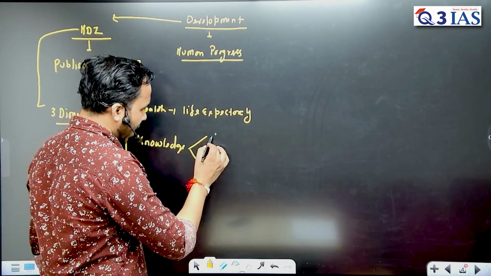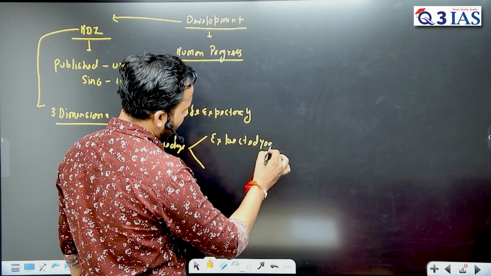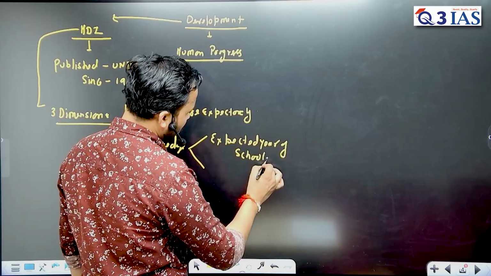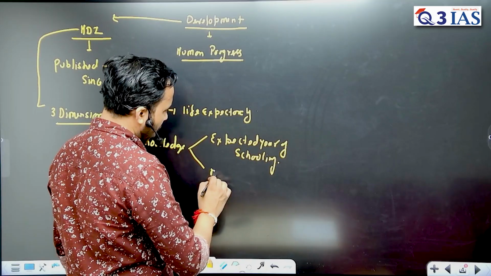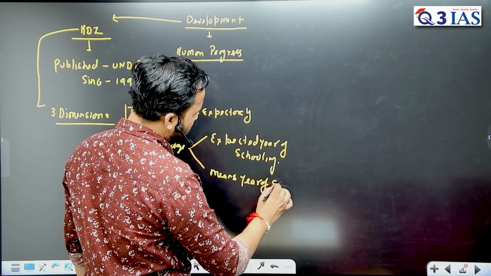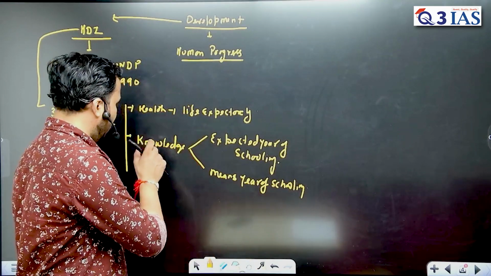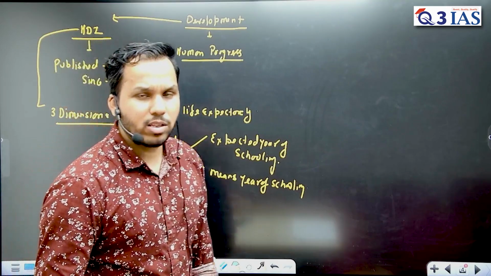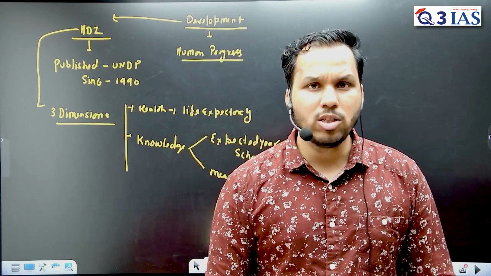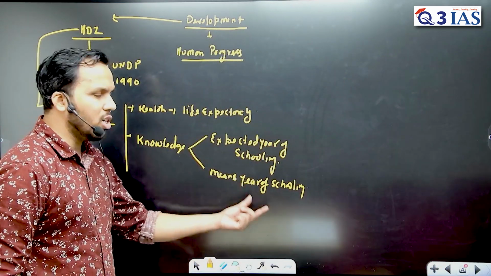First is expected years of schooling, and second is mean years of schooling. So in this dimension the HDI measures and compares countries on the ground of knowledge: what is the expected years of schooling, what is the mean years of schooling.